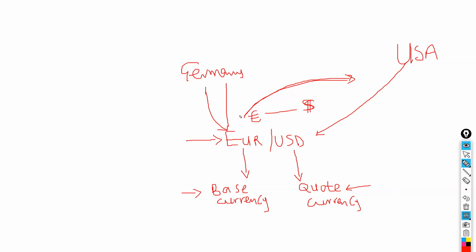Whenever you do this, there must be a certain exchange rate whereby when you exchange your euro, there's a certain amount of money you will get for your US dollar, and that is the exchange rate. So once you know the base and the quote currency, now let's move on.